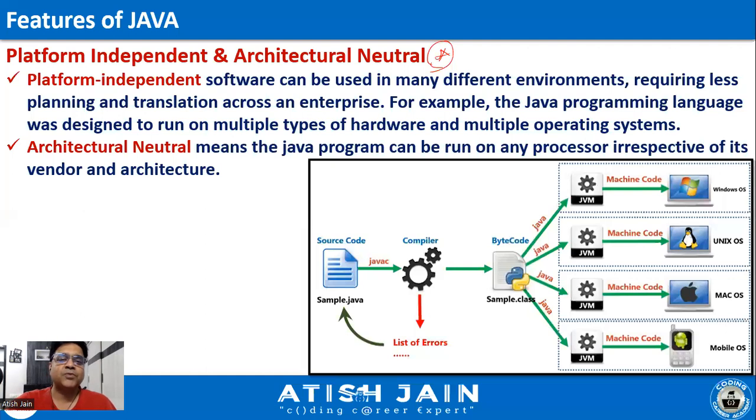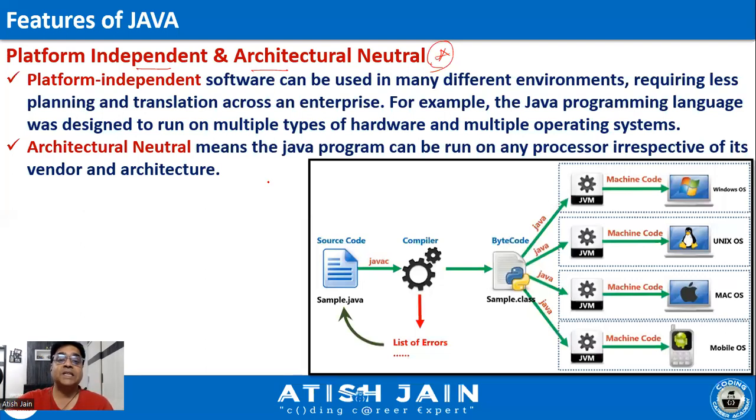What do you mean by platform independent? When an application is capable of running on any operating system, irrespective of its underlying hardware, that feature is known as platform independent. Architectural neutral is nothing but on any hardware.